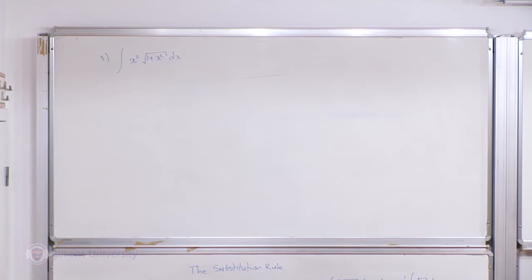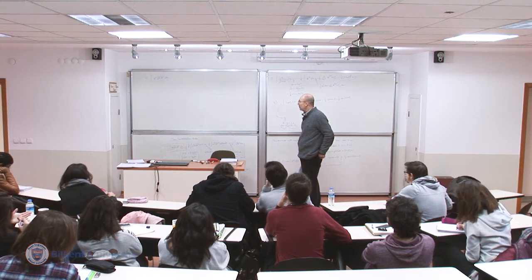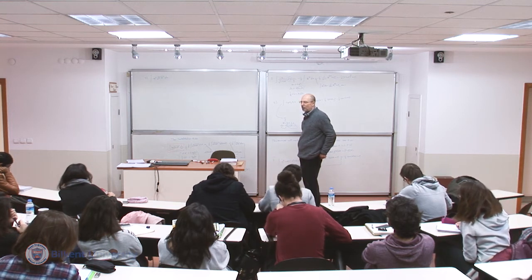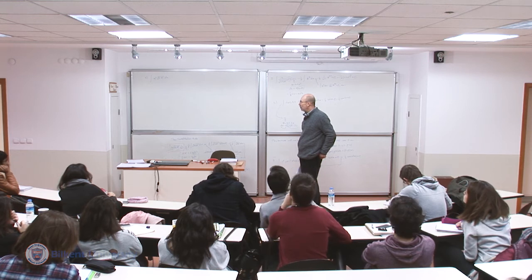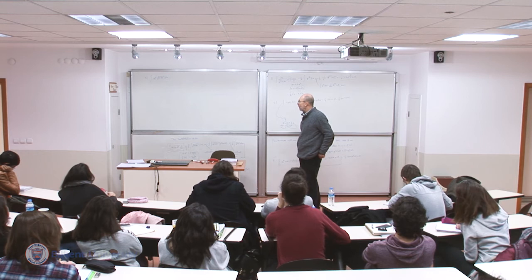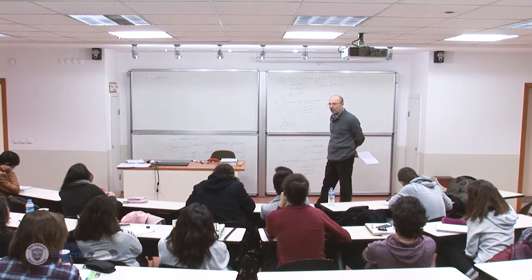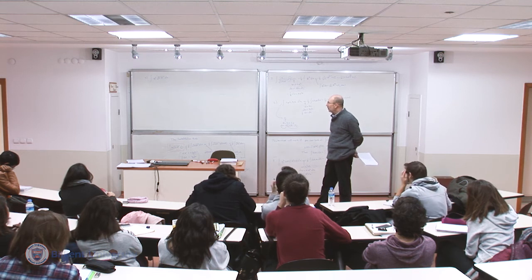Obvious doesn't mean that it is the step that will solve the problem, but here, if you can't think of anything else, the only thing that's bothering you is the square root sign there. If you didn't have that square root sign, x to the 5 would be nice. x to the 5 times 1 plus x squared would be nice. You can integrate those things easily because they are polynomials.